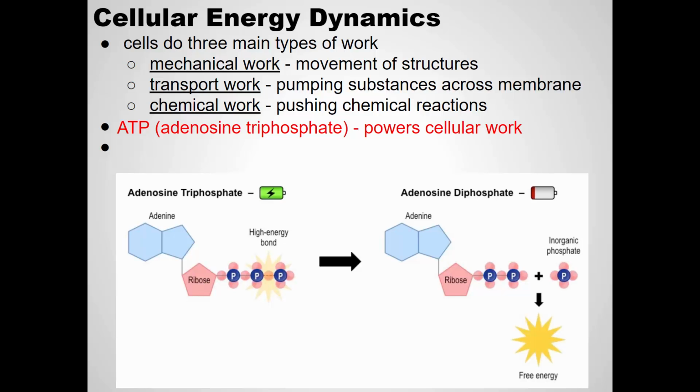So ATP is what powers the cell's work, and you can think of it as a charged battery. It's got 3 phosphate groups bonded to it, and when the energy from this ATP molecule is used, what does it become?